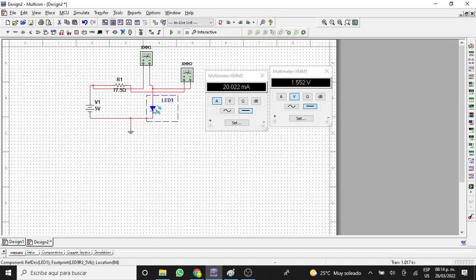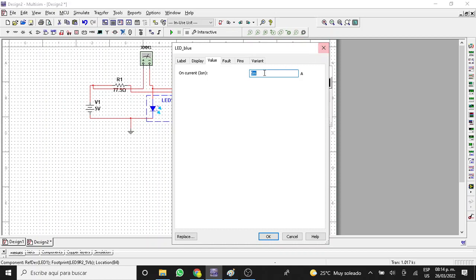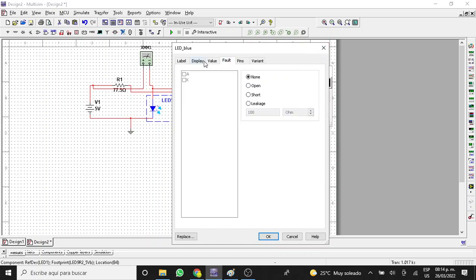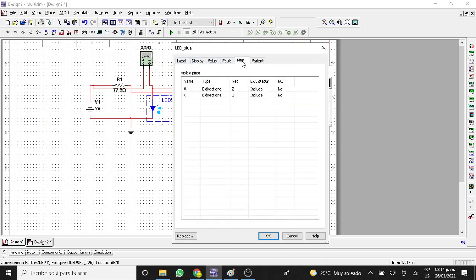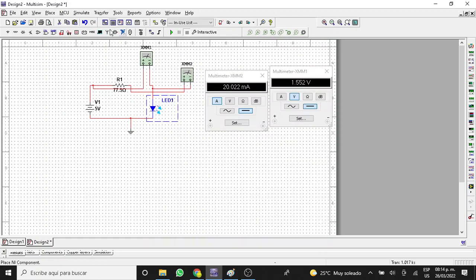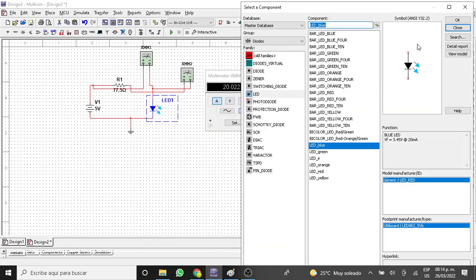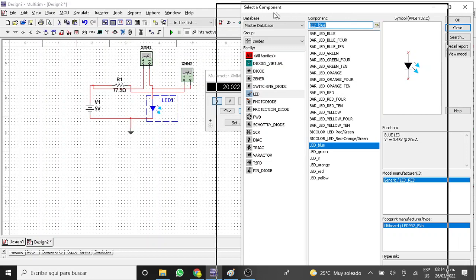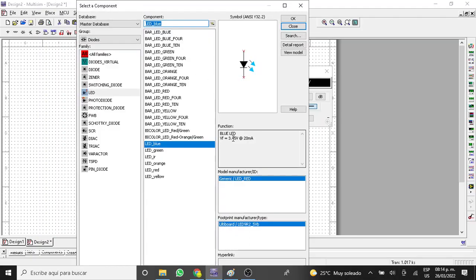Why? Because, as we can see, the forward voltage and the forward current for this LED are 20 milliamps and 3.45 volts.